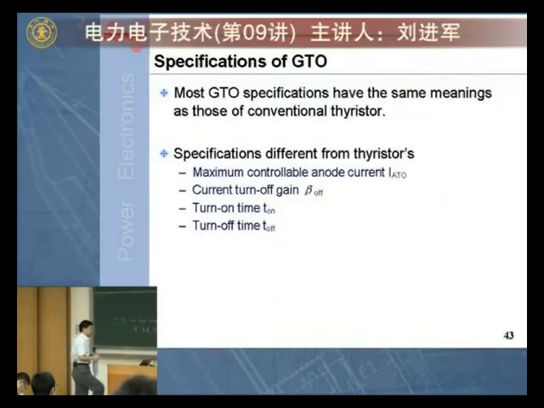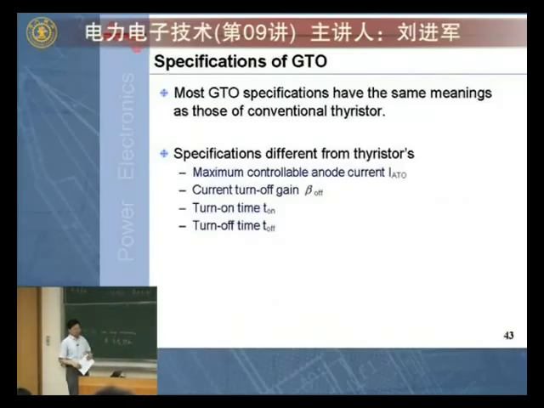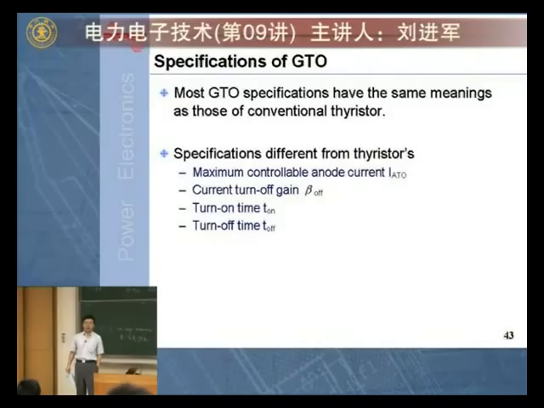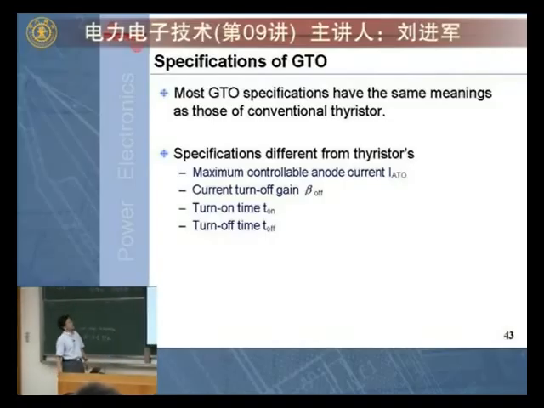Of course, we have some specifications of GTO. Most of the specifications of GTO have the same meaning, the same definitions as those of thyristors. But there are, of course, different specifications.